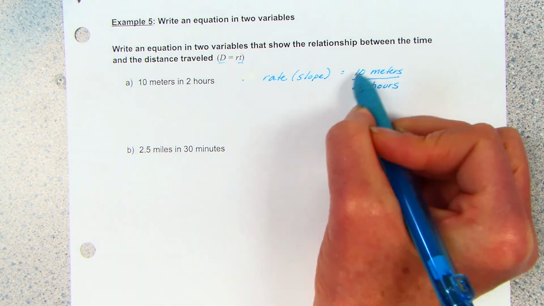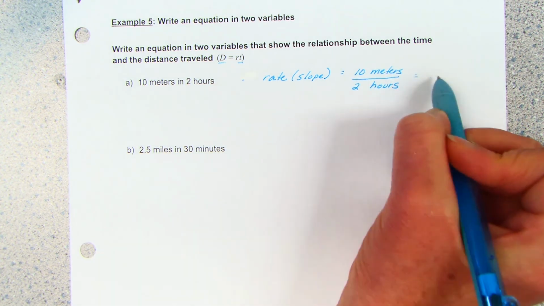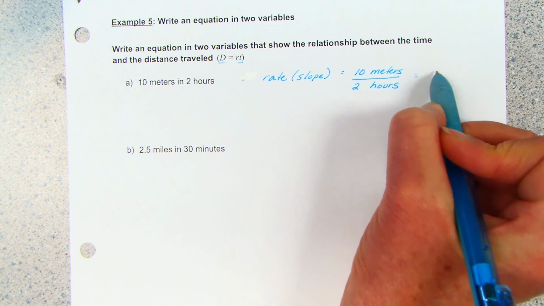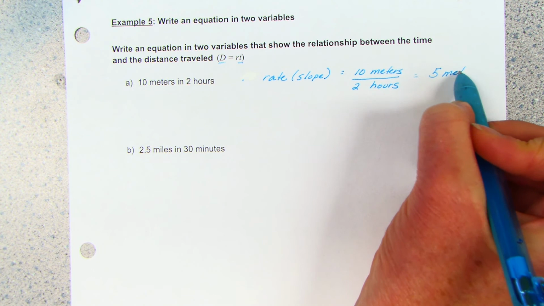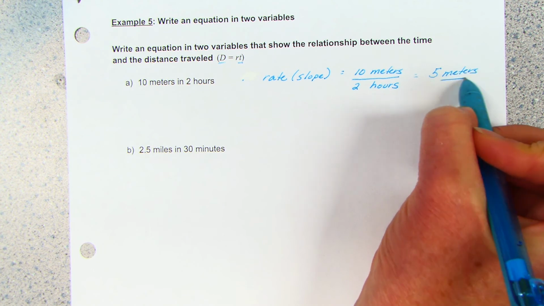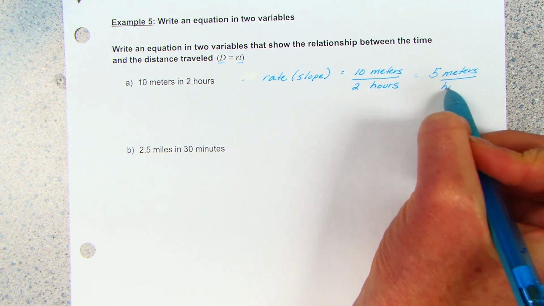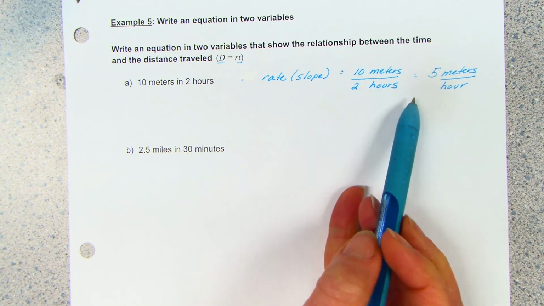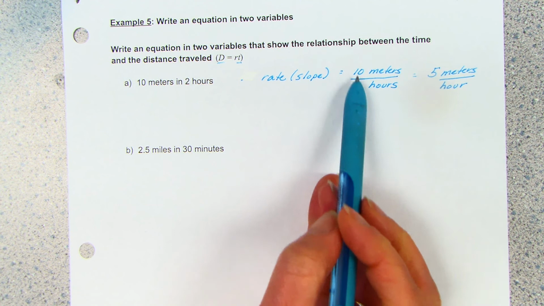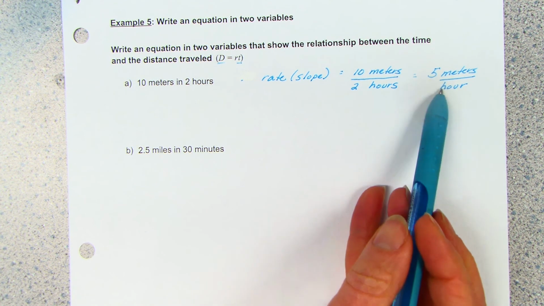And then I need to simplify. So you need to change that fraction. 2 will go into 10 5 times. So I've got 5 meters per 1 hour. In the next chapters, we'll look at this. This is a unit rate. So I've got 10 meters in 2 hours. I've got 5 meters in 1 hour.